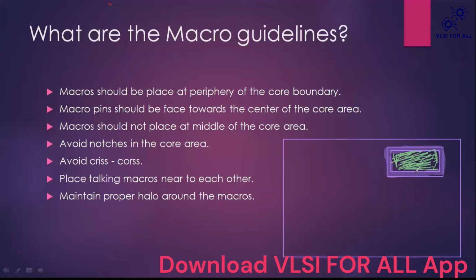To save the standard cells from IR drops. If the standard cells are near the macros, then the macro will consume more power. Then standard cells will not get the required power from the stripes.